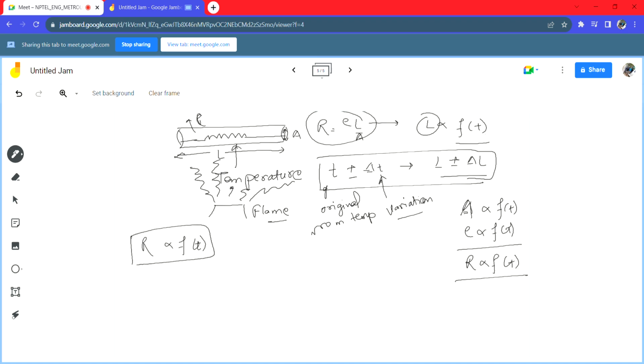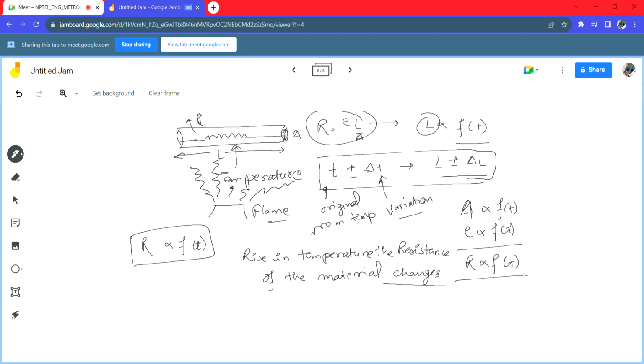Now, if we have concluded that this resistance R is a function of temperature T, then we can also say that with the rise in temperature, the resistance of the material changes. Now I am using a very politically correct word, change, here.